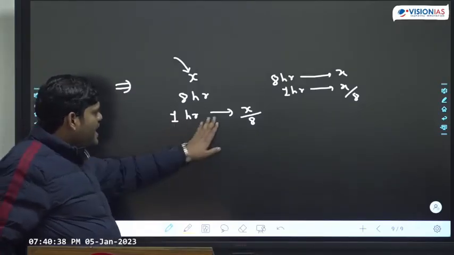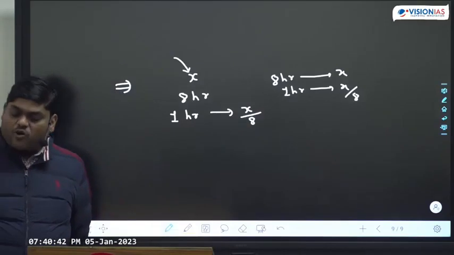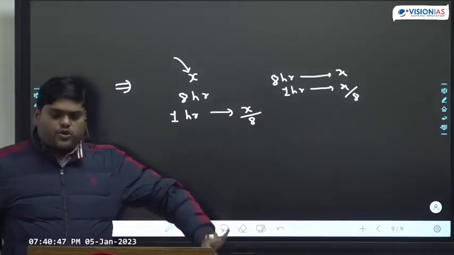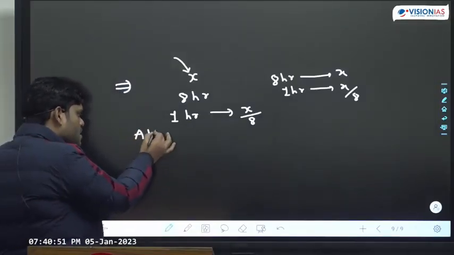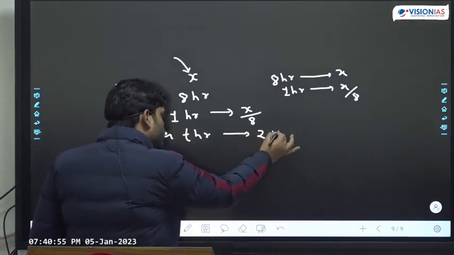In 1 hour it is X by 8. The question is: after how much time does the candle ratio become 2:1? Suppose after T hours the ratio becomes 2:1.